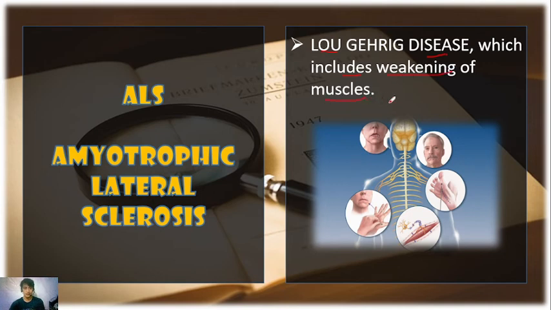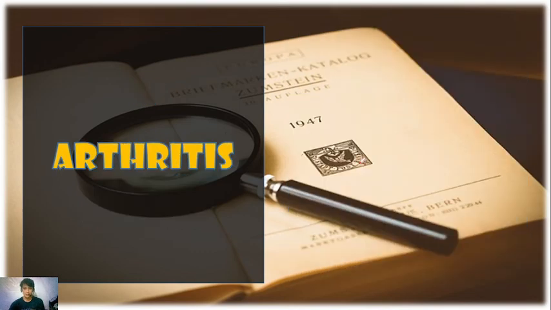Sabi nga natin kanina, aside from the brain, one of the body organs involved in producing handwriting is our muscles. So since the muscles are weakened, it might affect our handwriting also. So that is ALS, weakening of the muscles.